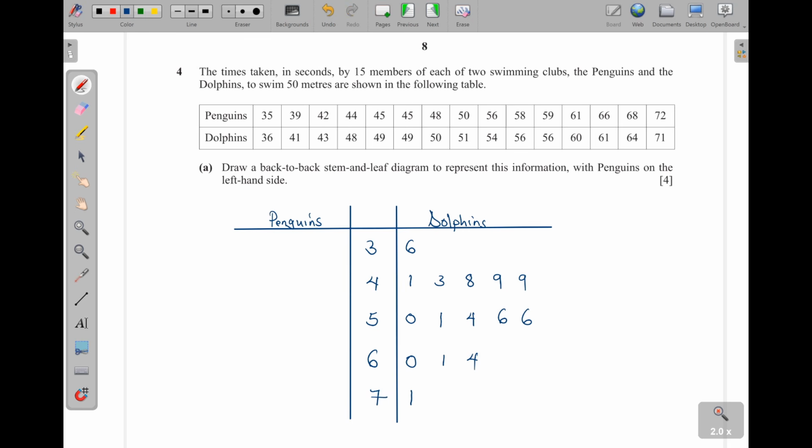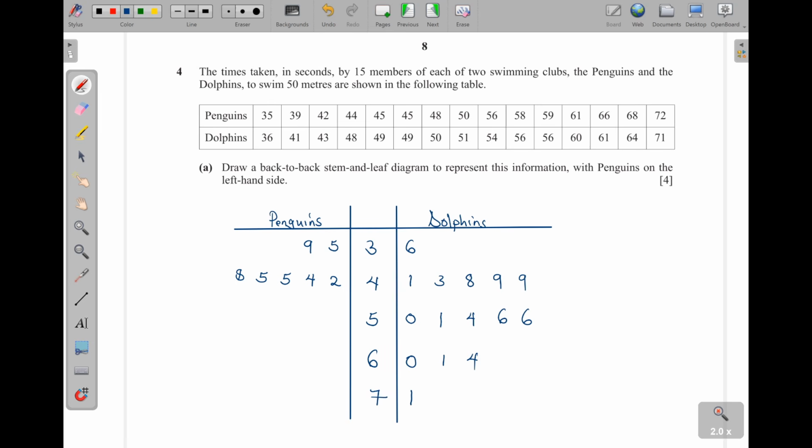Then we can go to the penguins. Penguins for 30s, we have 35 and 39. So I'll write the 5 here, then the 9 here. Then 40s, we have 42, 44, 45, 45, 48. So I will have 2, then 4, 5, 5, then 8.